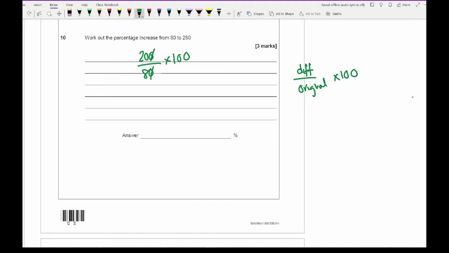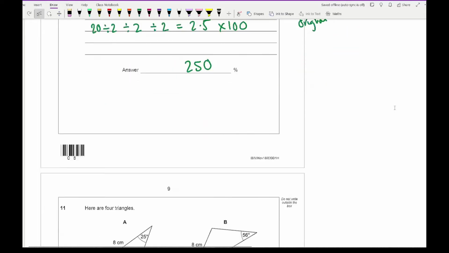So all we've got to do is do 20 divided by 2, which is 10, divided by 2 again, which is 5, divide that again by 2, which is 2.5, and then 2.5 times 100 is going to give me 250%.